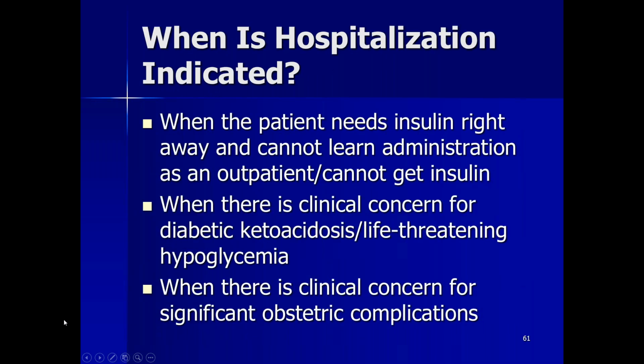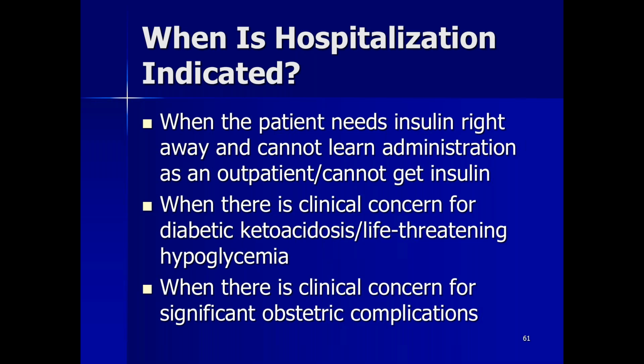Now, hospitalization, and when do I bring a patient in? Not that often. When the patient needs insulin right away and can't learn administration as an outpatient, or has physical or insurance barriers or social barriers to even getting insulin, that's a patient I will probably hospitalize for a very tightly controlled set of goals.